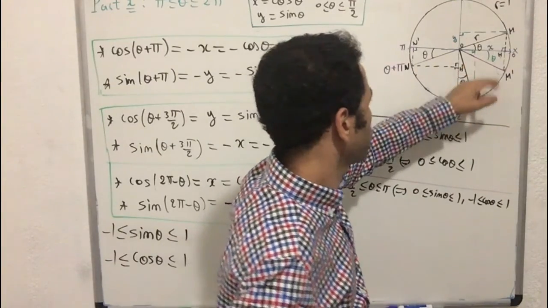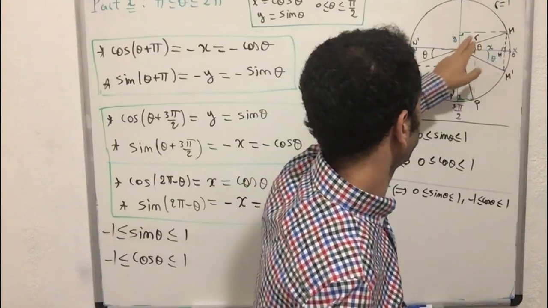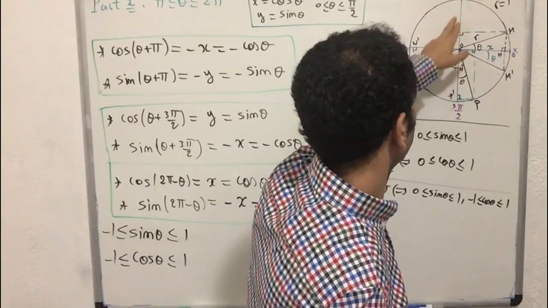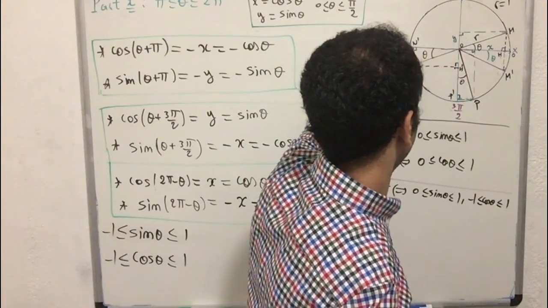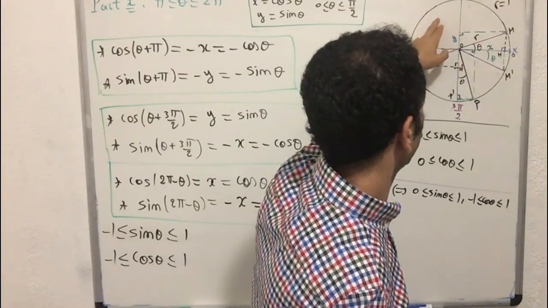For the cosine between 0 and pi over 2 it is always positive. If theta is between pi over 2 and pi, the cosine theta becomes negative because it's located in this quadrant here.